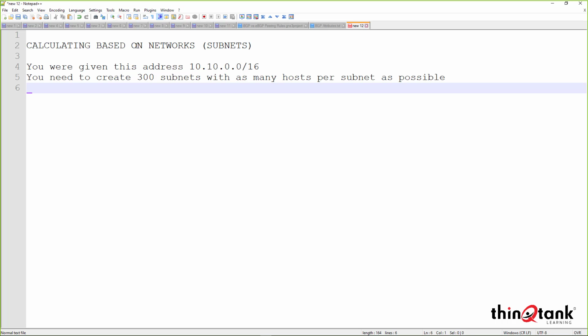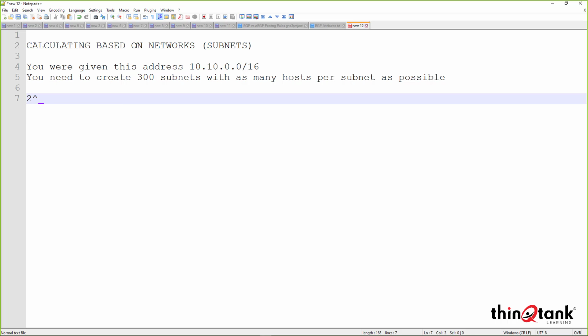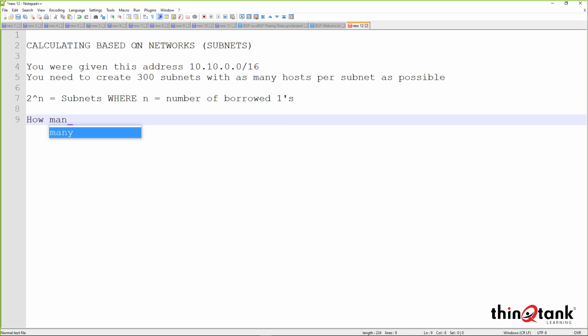There's a formula that we use to do this calculation. That formula is 2 to the power of n equals subnets, where n is equal to the number of borrowed ones. Okay? So quick question. How many ones exist in the original network? 16, right?